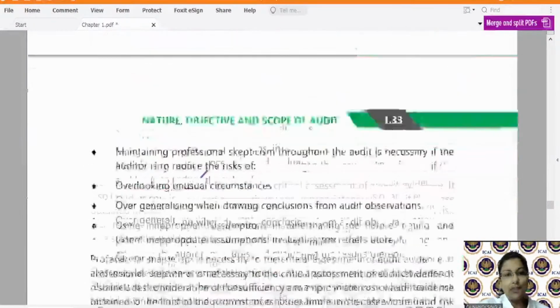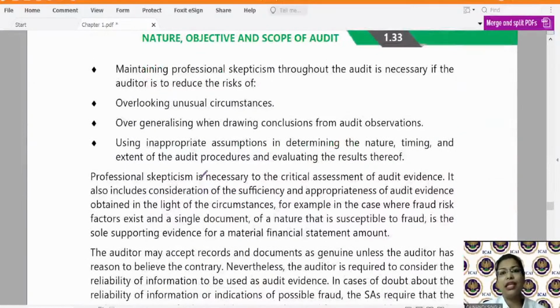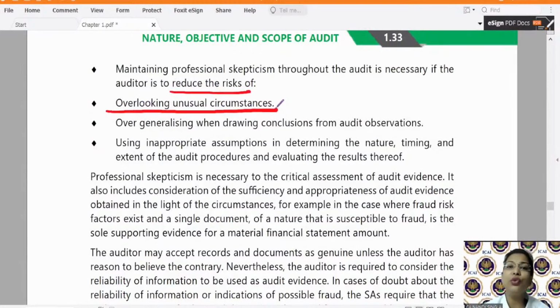So he will apply what? Professional skepticism. And what are the benefits if the auditor is applying professional skepticism throughout the audit? It will reduce the risk of overlooking unusual circumstances. For example, the traveling example we discussed, that from 10,000 this year it is 1.5 lakhs.